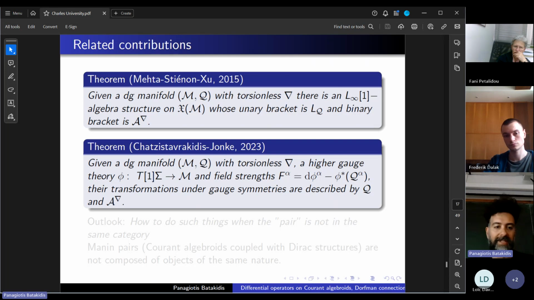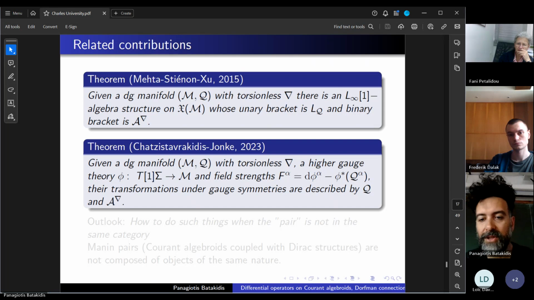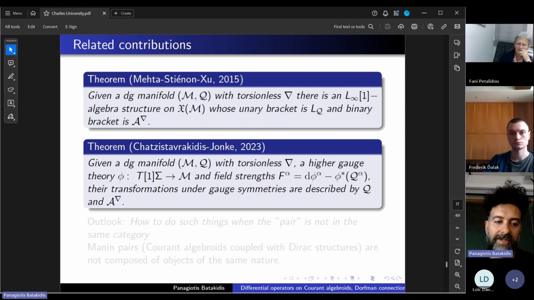So the result is that if you have this manifold with this curly Q as a homological vector field and a torsionless connection, then you can see these elements, the higher gauge theory and field strengths. The transformations basically are described. This map was known before, that it's described in this curly Q, but you can also find this information inside this Atiyah cocycle.